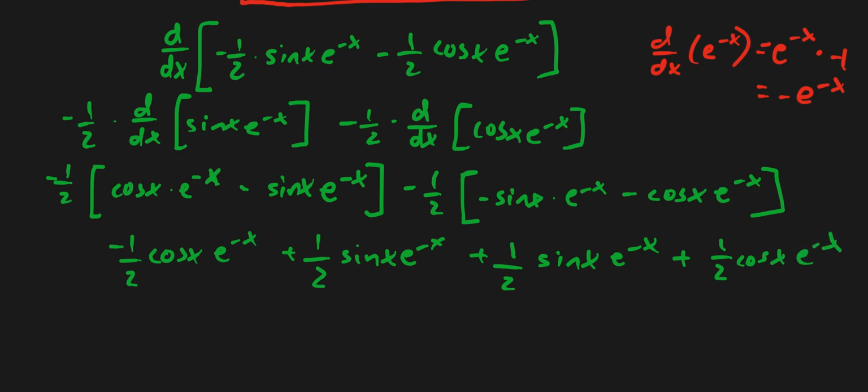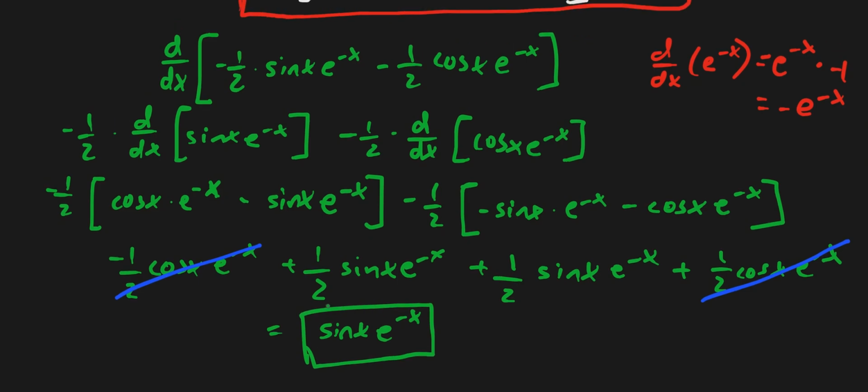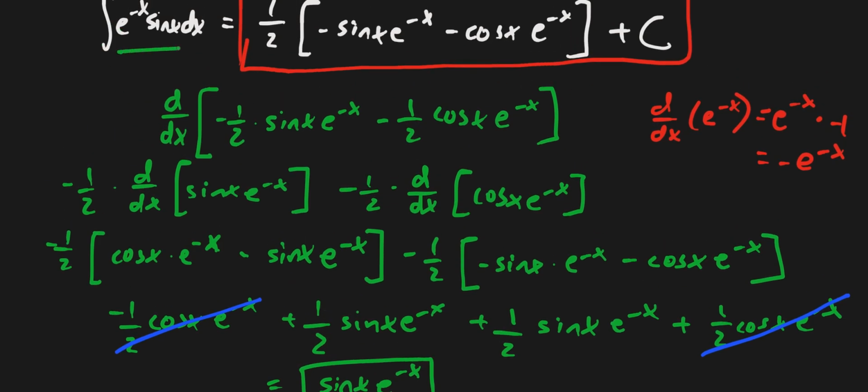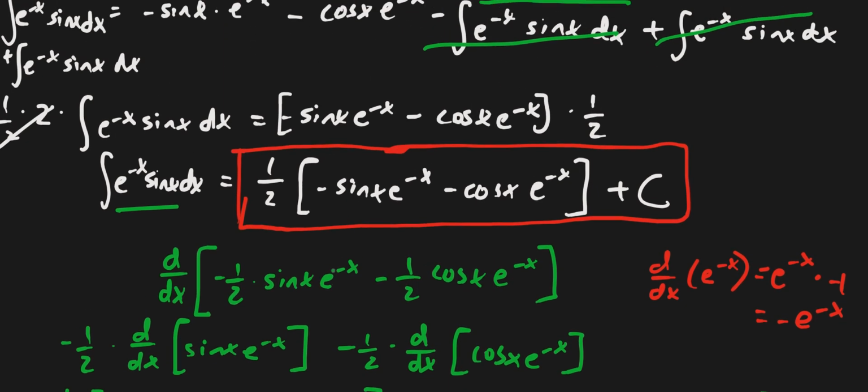These two cancel out. These two cancel. And what we are left with is going to be equal to 1/2 plus 1/2, which is just 1, sine x e to the negative x. This is your derivative. So this should be equal to this, and it is indeed equivalent. So we know that we have not made any mistakes, and we found our antiderivative.